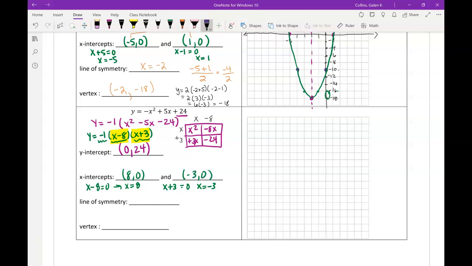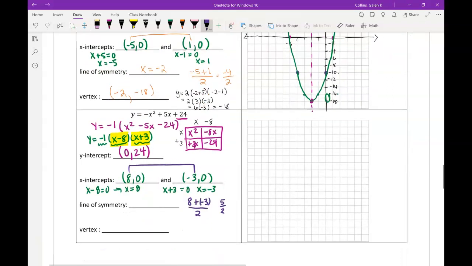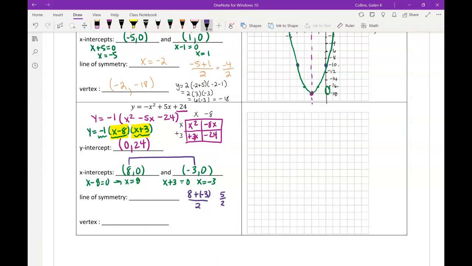So now to get the line of symmetry, again, I could think what number is exactly between 8 and -3 on the number line, or I could just average them. So like 8 plus -3 divided by 2. Well, 8 plus -3 is 5, so 5 divided by 2 is 2.5.